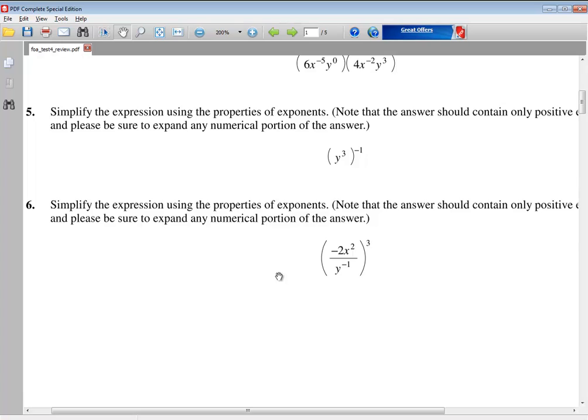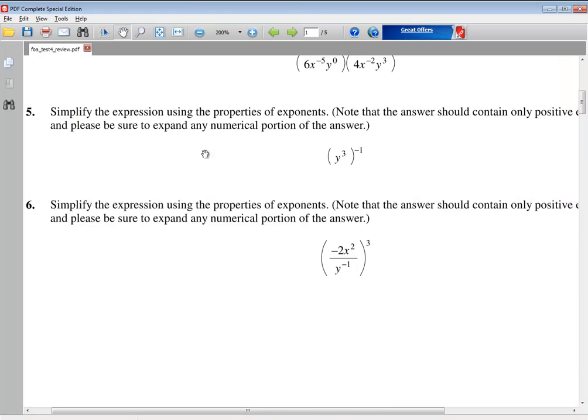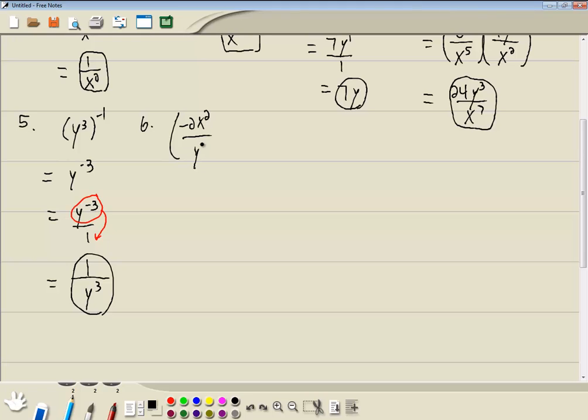Number 6, negative 2x squared over y to the negative 1, to the third power. Well, we don't want any negative exponents. Now, negative numbers are fine. Negative 2 doesn't bother us, but this y to the negative 1 does.